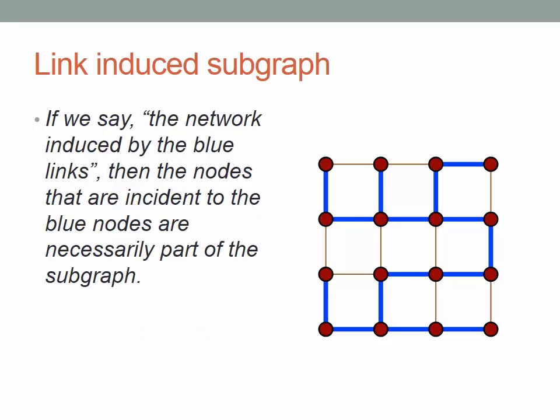Thus, we use the term induced when we define a subgraph by a subset of either the node set or the link set. So again, the subgraph that we define by selecting the blue links is an induced subgraph induced by the subset of links that are colored blue.